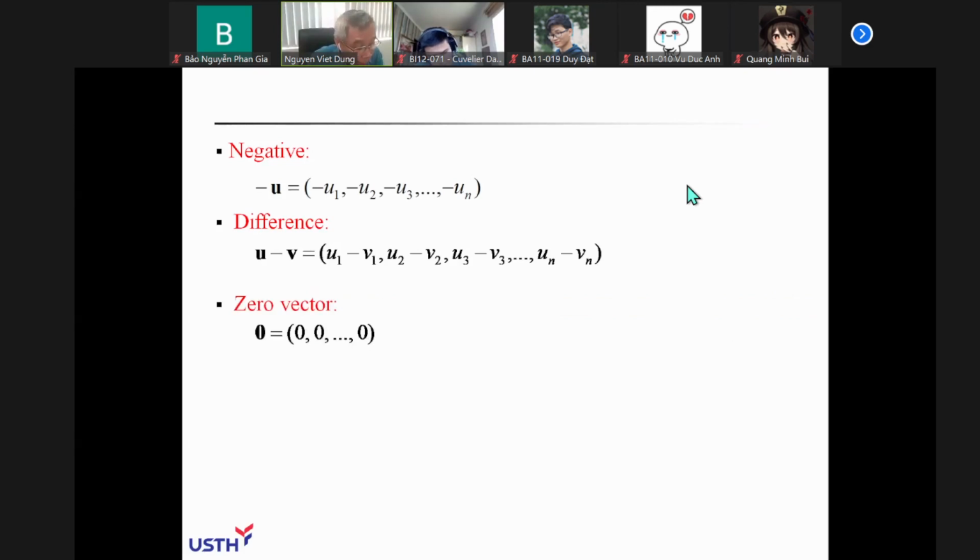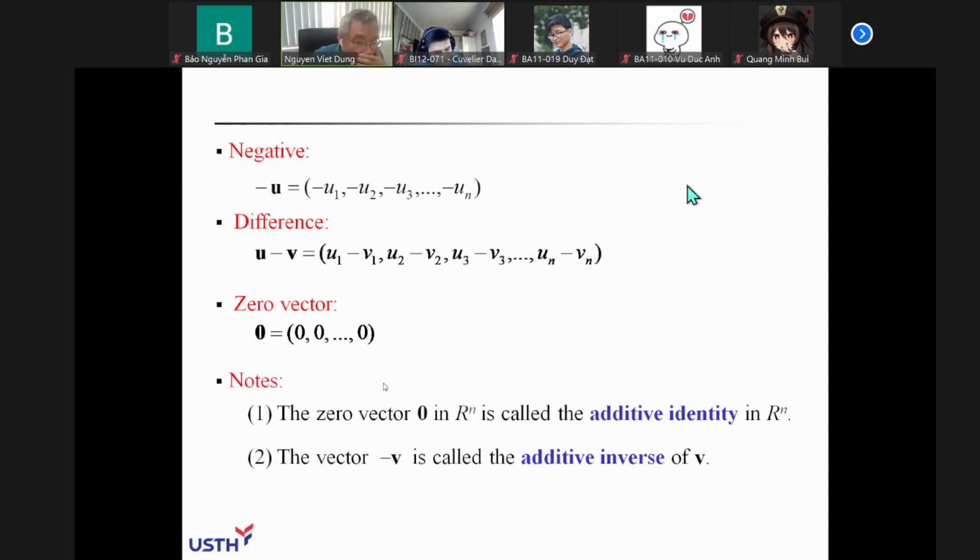And there is one very special vector, that is a vector consisting of only zeros. I denote it by a bold zero here. That is the zero vector. It consists of 0, 0, 0, up to 0 here. Now I give you the name.